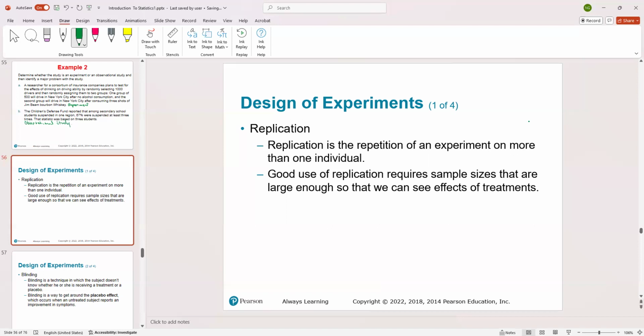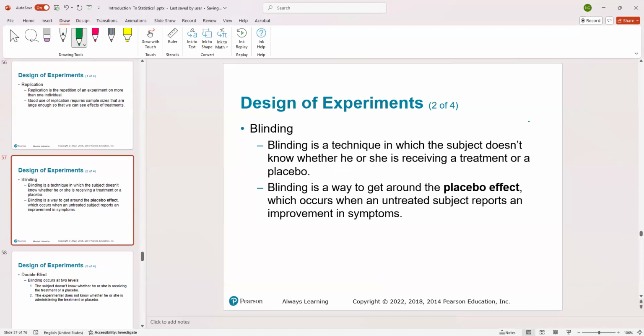We have blinding. Remember we said replication is the repetition of an experiment on more than one individual. Blinding is a technique used when the subject doesn't know whether he or she is receiving treatment or a placebo. The researcher knows who received the placebo and who did not.